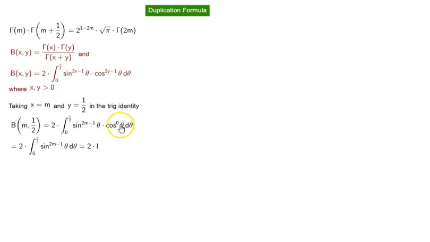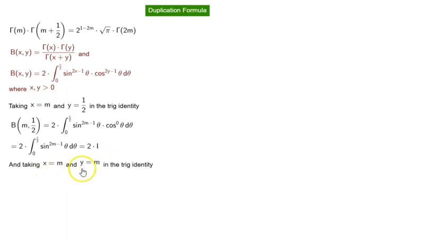So we have cos to the power of 0 theta d theta. Now this is 1. So we are left with 2 times the integral 0 to pi by 2 of sine to the power of 2m minus 1 theta d theta. Now let's take this integral as I. So we have beta of m comma half is equal to 2I.